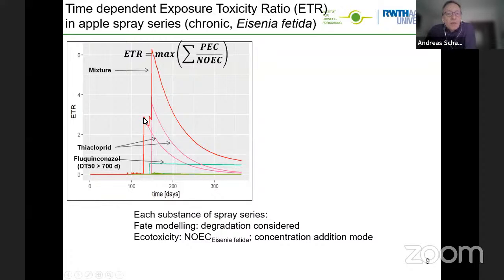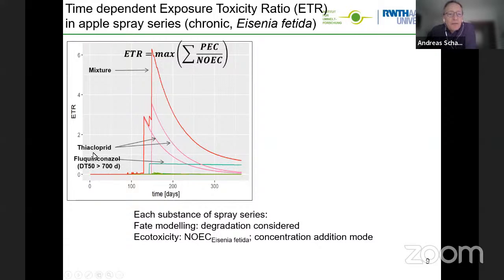And in our calculation, the degradation of these applications is considered. So here is the application of, let's say, one pesticide. We'll take this one here, the thiacloprid, one application, and then it is degraded over time. And flucriconazole, for instance, is applied here but it does not degrade in a reasonable time.